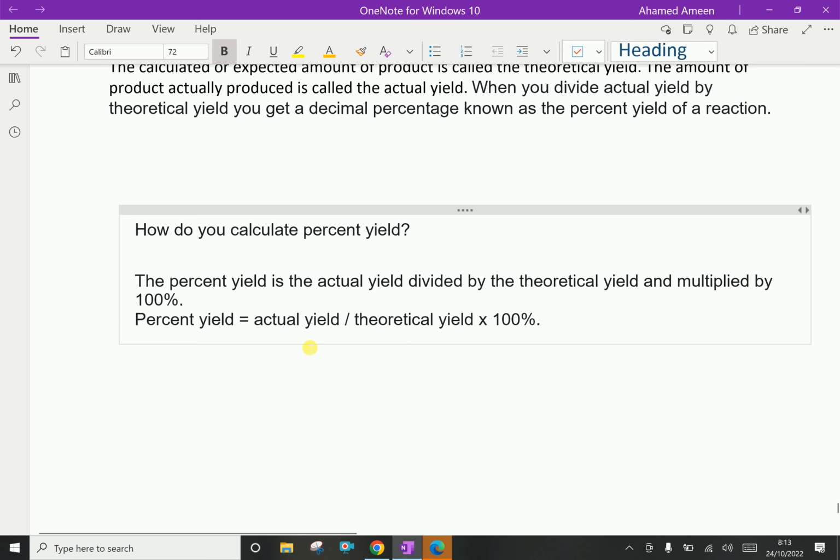From this formula, we can calculate the actual yield. That means in any reaction, we cannot get 100% efficiency. For example, in a gasoline engine, even if some amount of petrol is used, it will not yield completely.